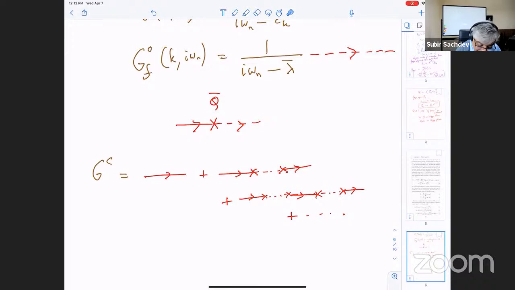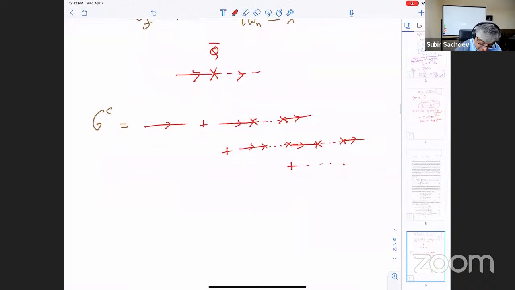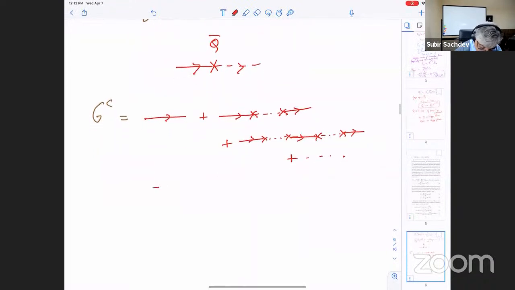In fact, you can quickly see the self-energy is very simple. The self-energy sigma C is just equal to this. That's it, and there's no other graph. That's the exact answer. If you put this in Dyson's equation, you get your GC.